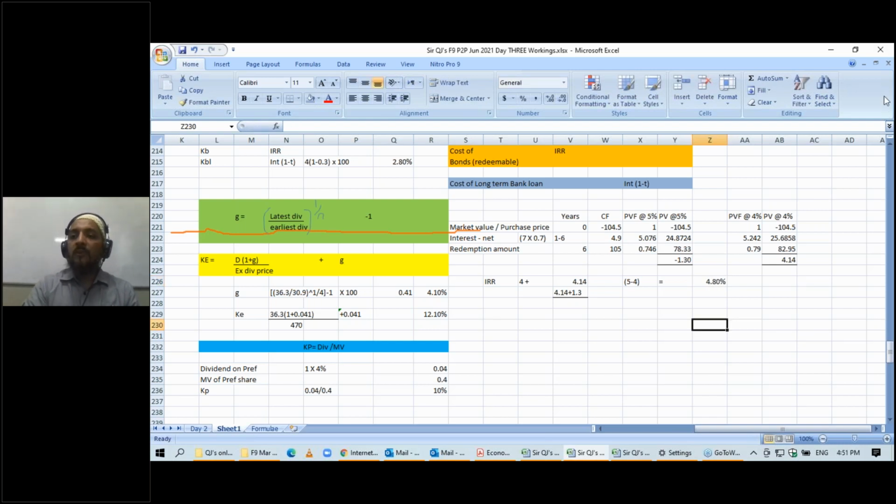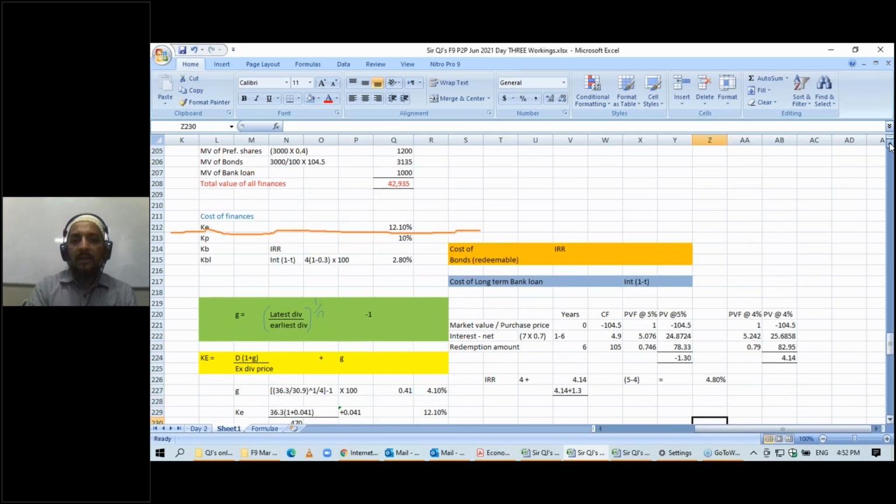So there you go. You get now all the cost of capitals, different types of capitals which business has used in this question. So our table is complete now.